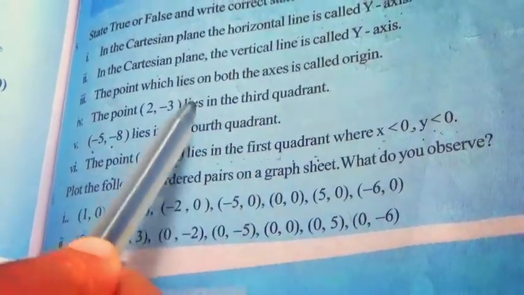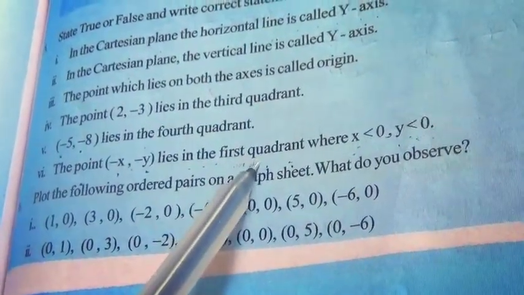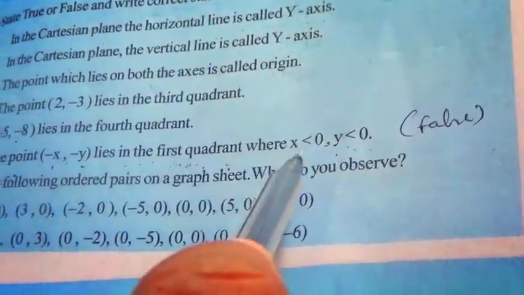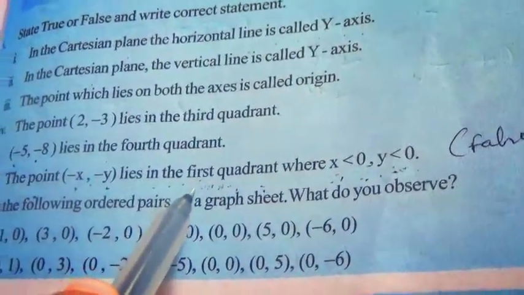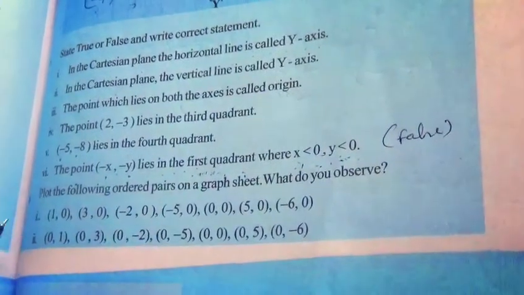Just like the above sums what I said, you just complete this one. So here it is false. Why? Because the x coordinate and y coordinate are both negative in the third quadrant. That is the correct statement.